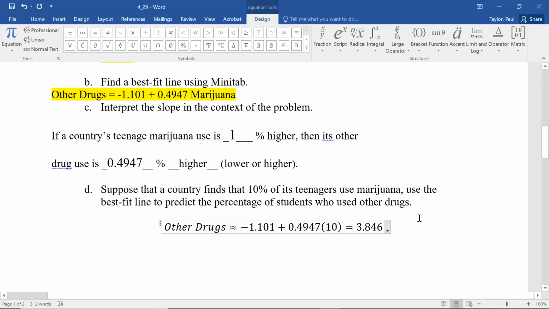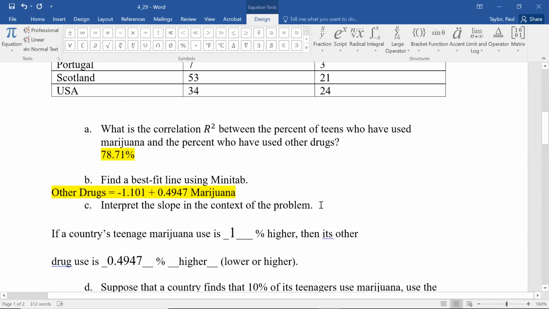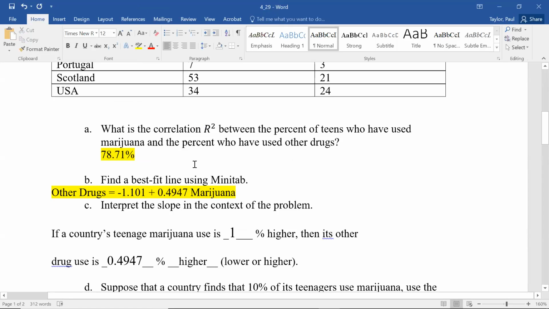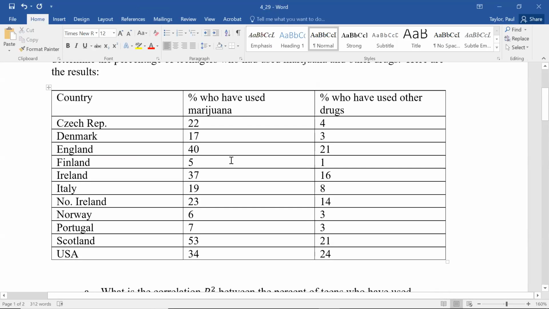So I know that that guess is not likely to be correct, but that's my guess, and it should be an okay guess. This 78% is our measurement of how good our guesses are. Basically, if we didn't have any other information, if we didn't know the marijuana number for this mysterious new country and we wanted to guess their other drugs use, the best we could do is guess the average number.